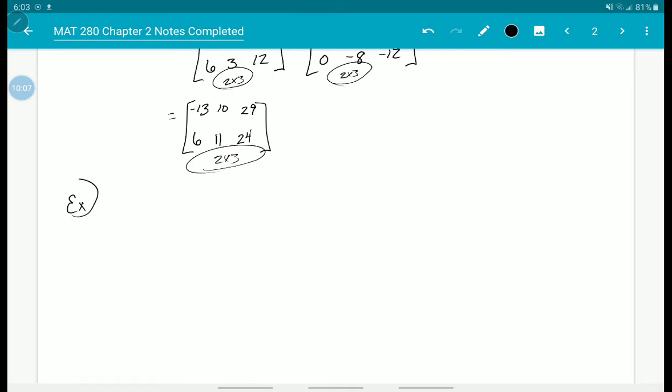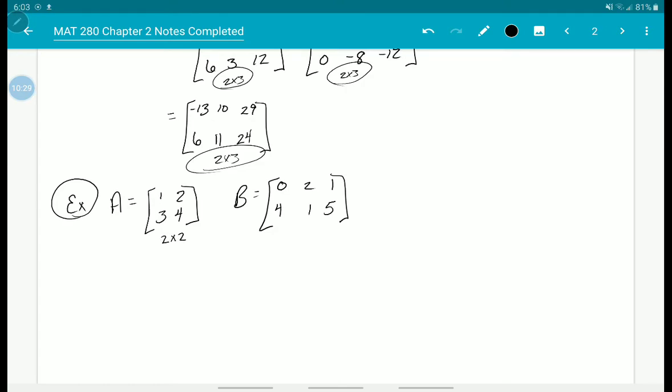So let's look at a few examples. I'm going to create some new A and B matrices. So check out what's happening. A is a 2 by 2 matrix.